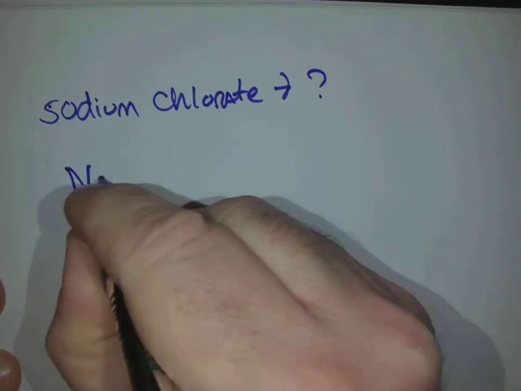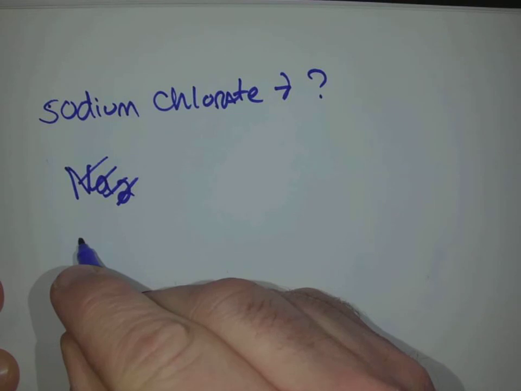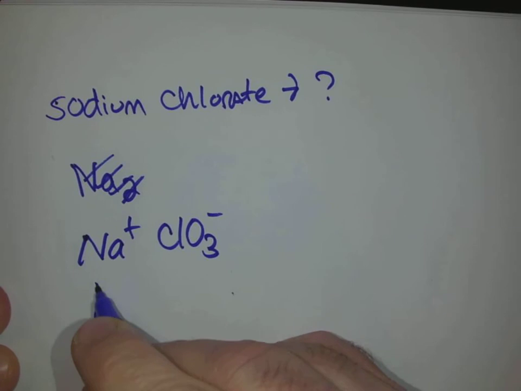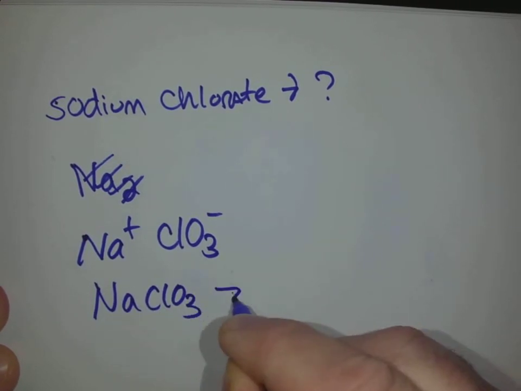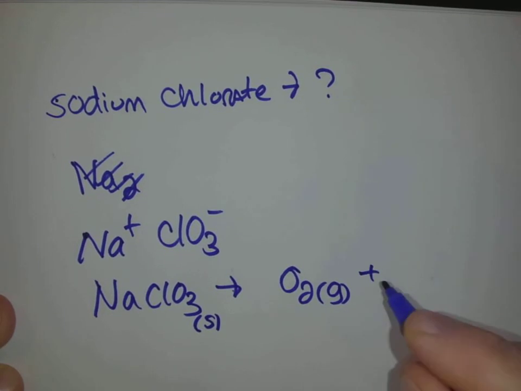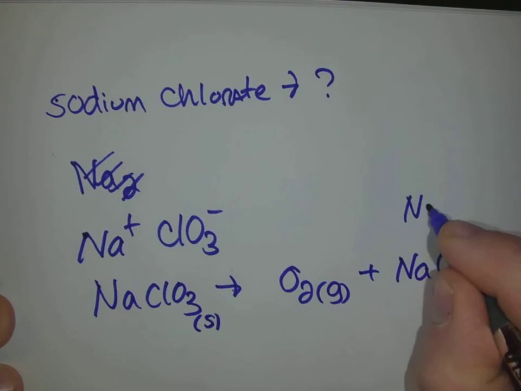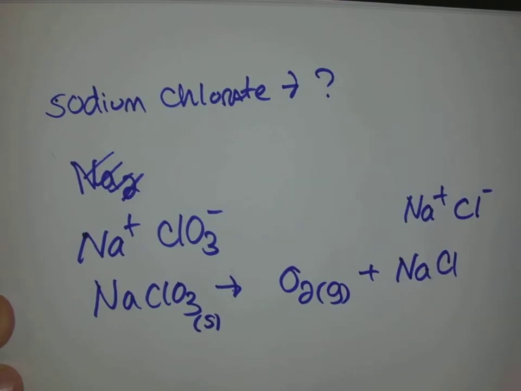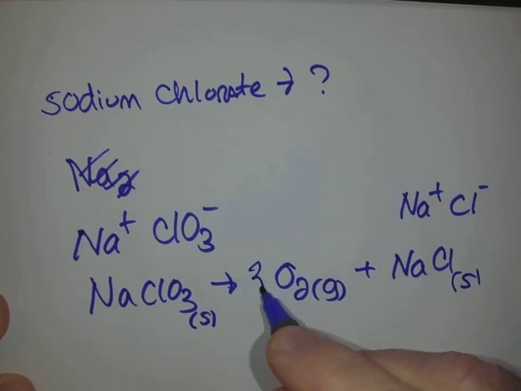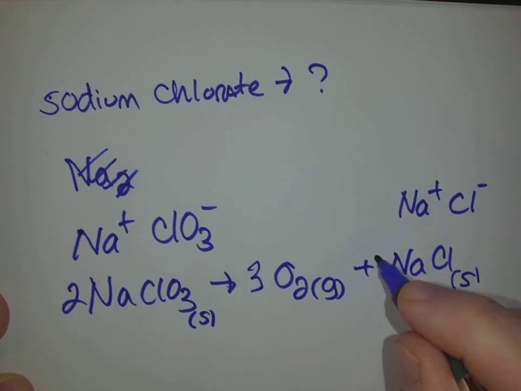Sodium has a +1 charge, chlorate -1, so it's NaClO3. We're going to get oxygen as a diatomic gas, and the metal chloride will be sodium chloride, sodium having a +1 charge and chloride having a -1 charge. Again, this will be your solid. Put a 3 here to balance that oxygen and a 2 there, so it gives you 6. And you've got to put a 2 there.